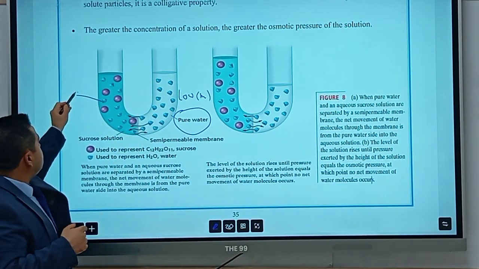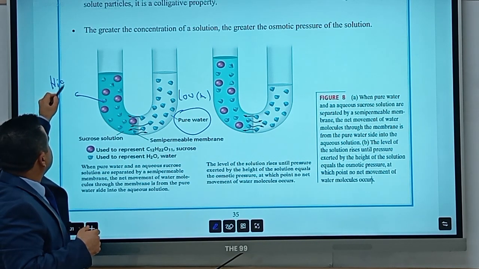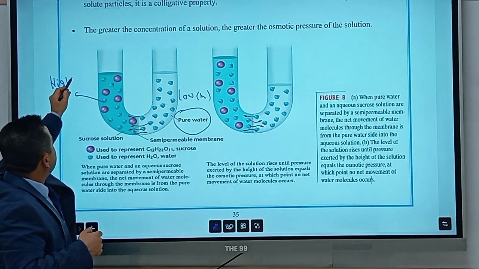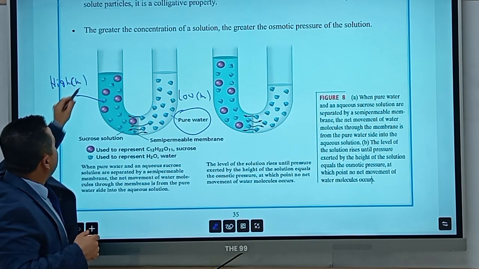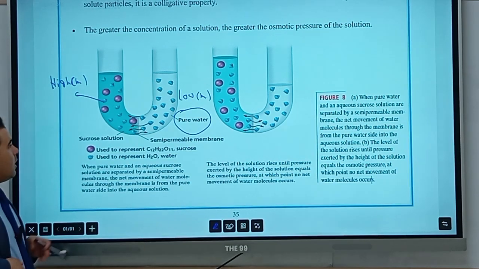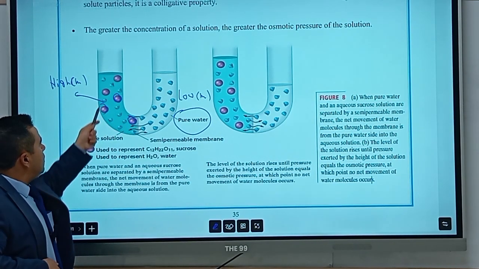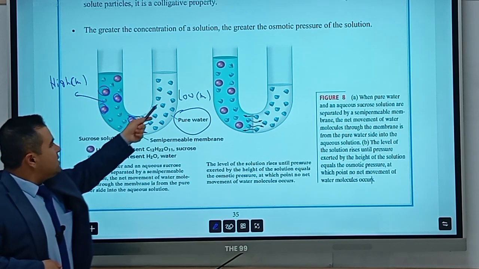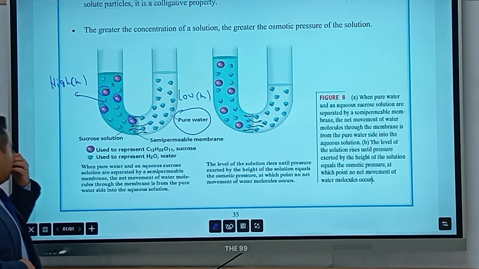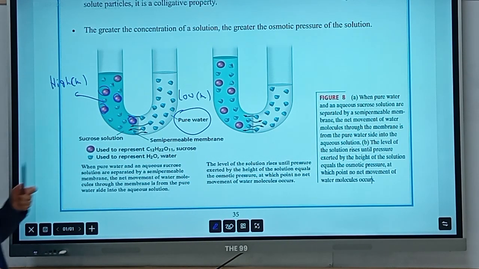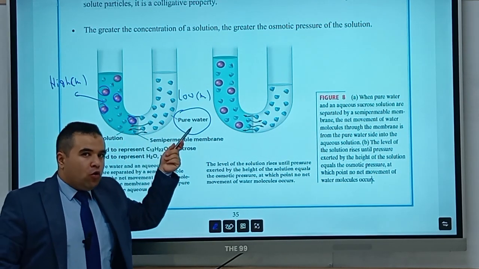And the other side with the high concentration, high m, high molality. As you can see, in this side we have got solute and the solvent, but the other side has only pure water. And the other side can also be low concentrated.